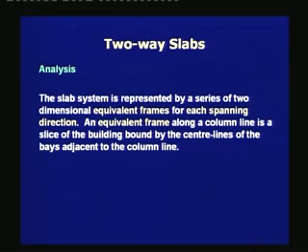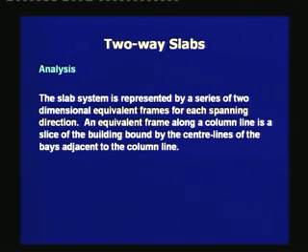The slab system is represented by a series of two-dimensional equivalent frames for each spanning direction. An equivalent frame along a column line is a slice of the building bound by the center lines of the bays adjacent to the column line.